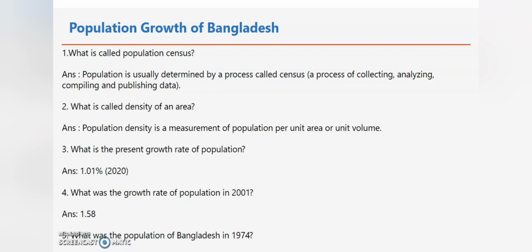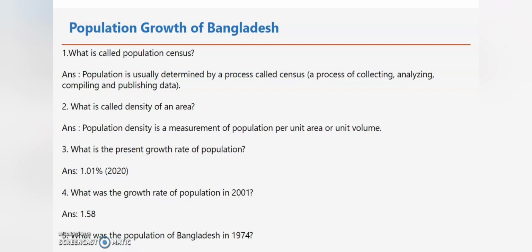Here are some question answers from chapter 8. My first question is, what is called population census? Population is usually determined by a process that is called census. That means population census is a process of collecting, analyzing, compiling and publishing data.